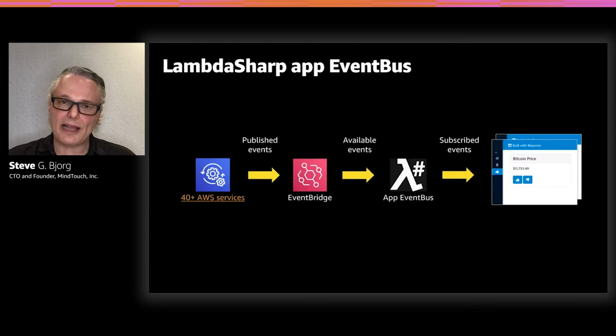So the LambdaSharp app event bus is kind of a piece that sits in between the app and Amazon EventBridge. As you saw earlier, we specified events in the YAML file that we wanted to be made available. These are the events that are being effectively subscribed to on EventBridge and then published into the app event bus, which is server-side.